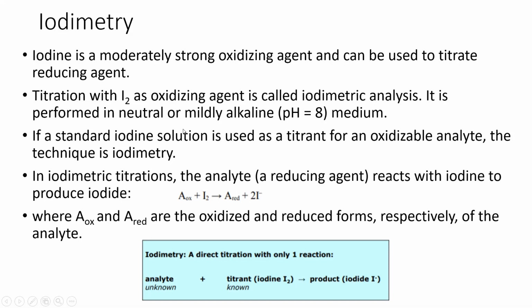It is usually performed in neutral or mildly alkaline pH. When standard iodine is used as a titrant for an oxidizable analyte, it is called iodimetry, which we've said before. The analyte, which is your reducing agent, reacts with iodine, the oxidizing agent, to form iodide.